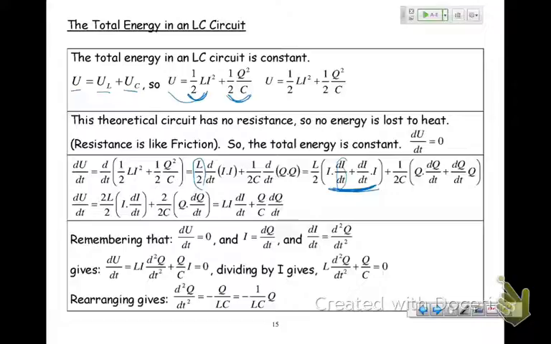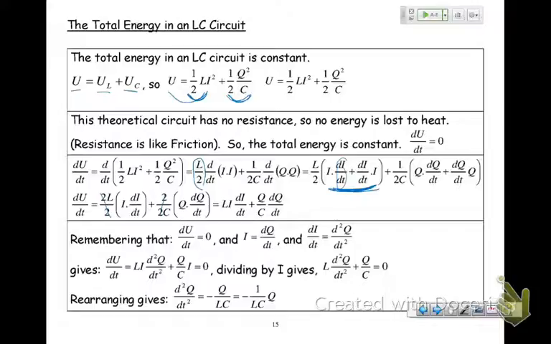So then we simplify and rearrange, so the 2 comes out, and we have I dI/dt and 2 dq/dt, and they're going to cancel. And we get L I dI/dt plus q/C dq/dt.